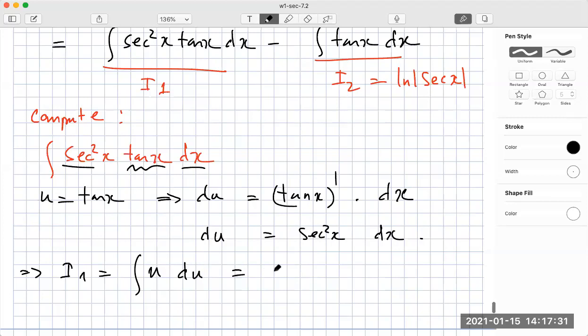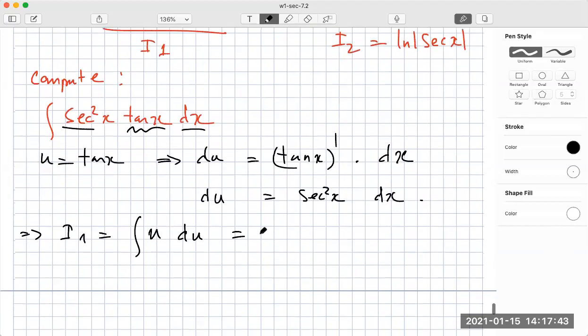Right. Okay. And what is the antiderivative of u du? Yes, it is 1/2 u squared plus a number, right?